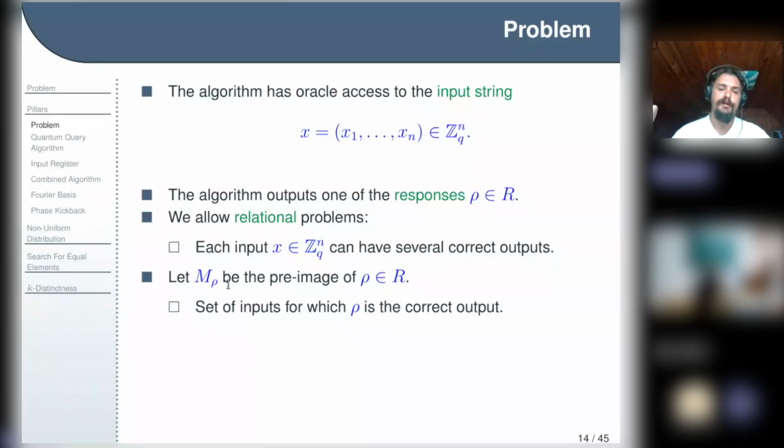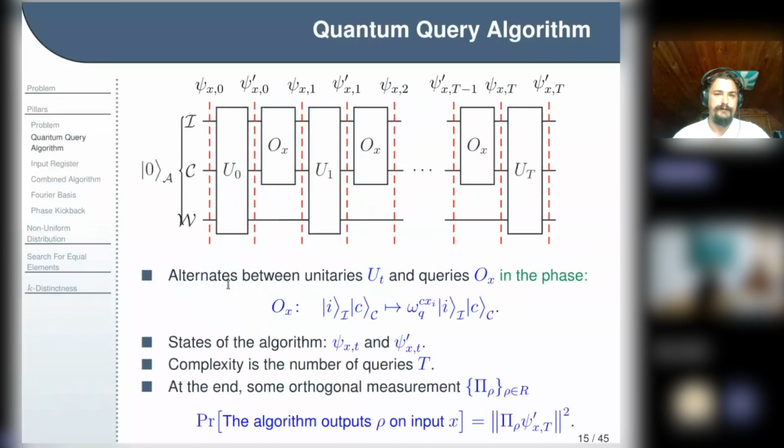For each input there can be several correct outputs, so I'm taking all the inputs for which rho is correct and not otherwise. And so M_rho can intersect between different rho.